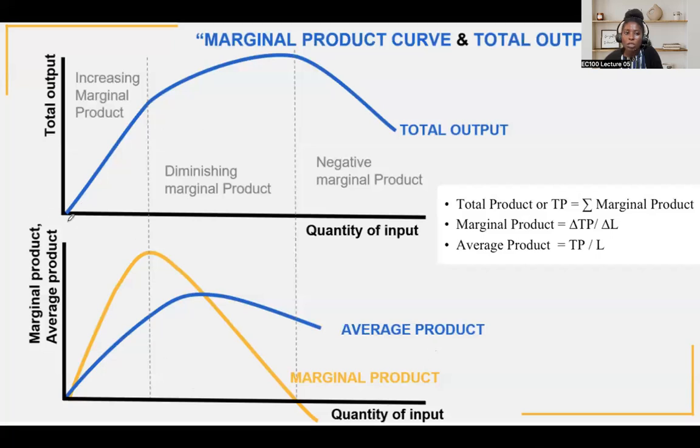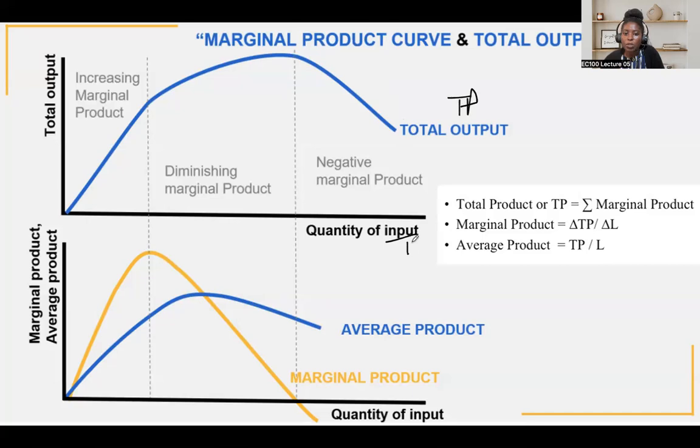So the total output, as we've seen, is the total product. We saw that the total product was increasing, but sometimes you might be given information where the firm hires a lot of labor. The more they add labor, this is the quantity of input.